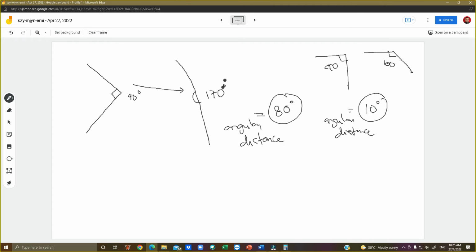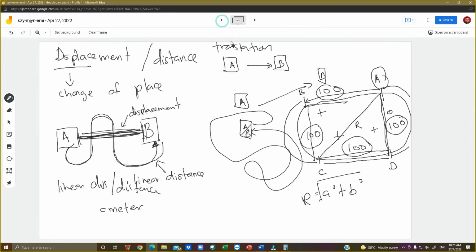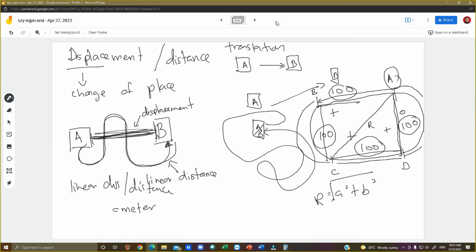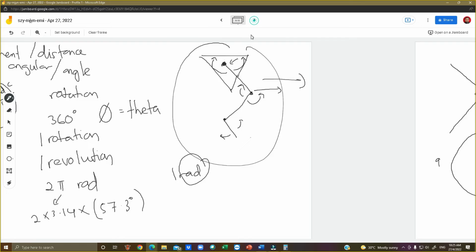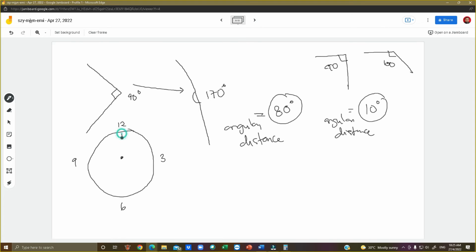Okay, so to further understand about degree, about angle, angular motion, kita akan bincangkan tentang pergerakan jam. Okay, 12, 6, 3, 9. Kamu bayangkan this jump as similar as this one. Ni. Okay. Now, if let's say, ni jarum minit. Okay, this is jarum minit.